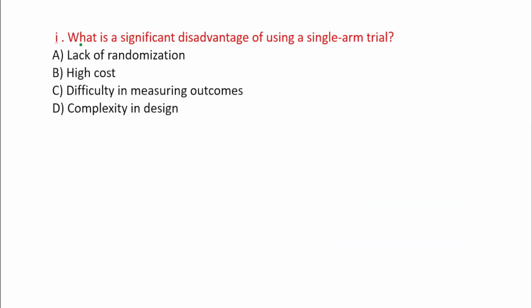Now see this question. What is a significant disadvantage of using a single arm trial? So they are asking the disadvantage of a single arm trial. Options are A. Lack of randomization, B. High cost of the study, C. Difficulty in measuring the outcomes, or D. Complexity in design.